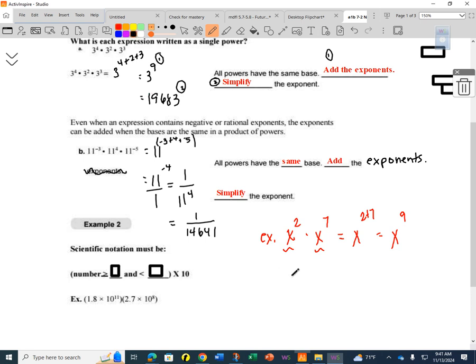If you're wondering why that's so, remember that's x times x, and this is x 7 times, so if we multiply all those, we have 9 x's. We don't want to have to count them. It's easier just to add those exponents. Does that make sense to everyone?